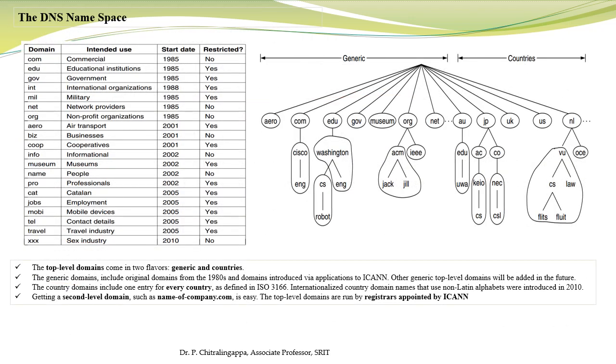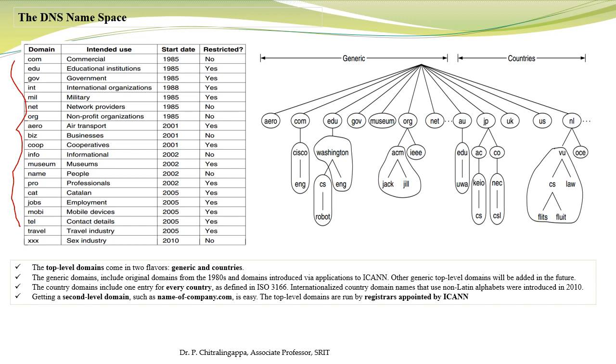So this is the domain name space. This DNS system is divided into two categories: one is generic and the next one is countries. General purpose top level domains are called generic, as well as countries. In the case of generic, some of the domains are .com, .edu, .gov.